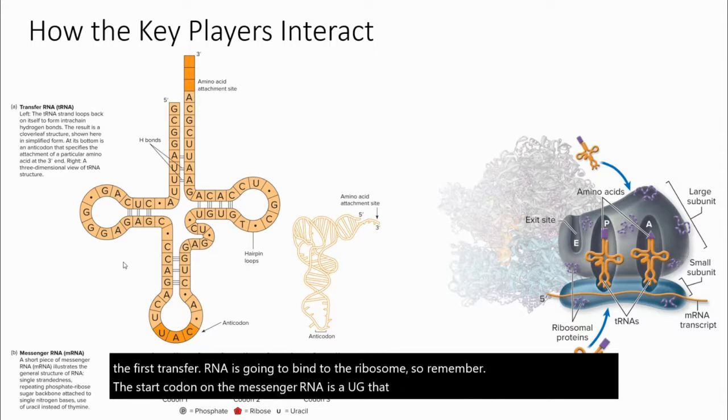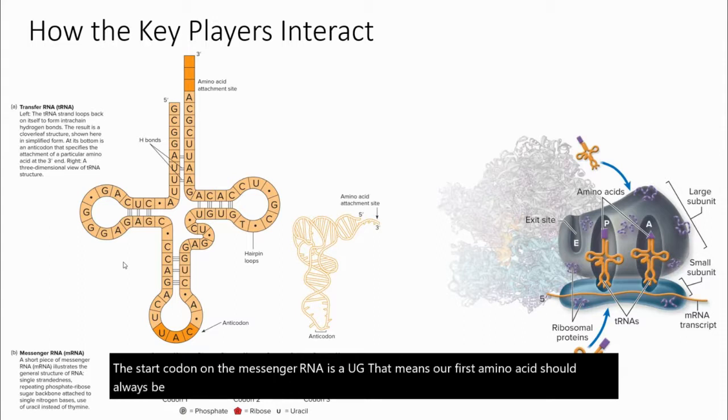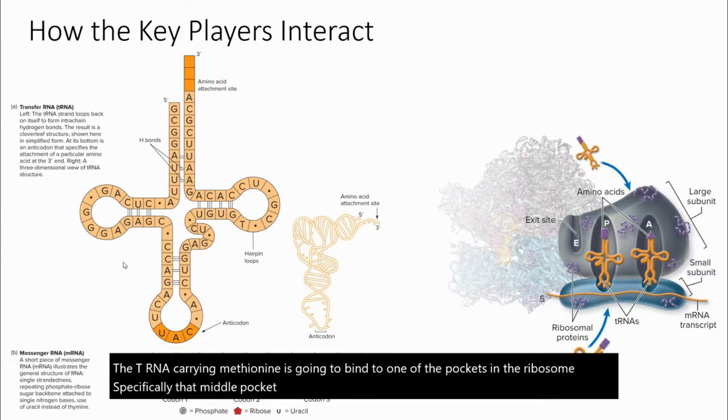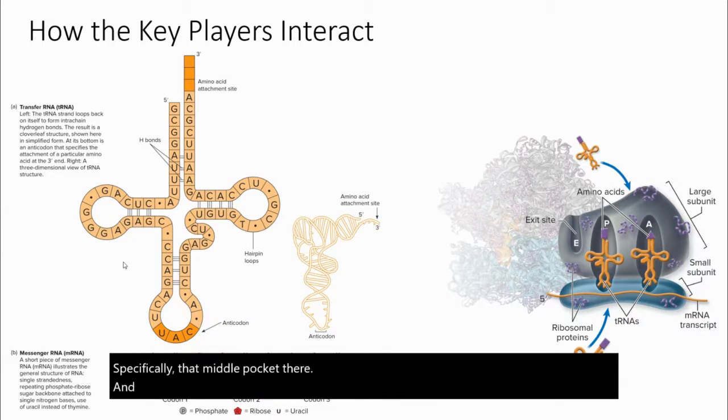That means our first amino acid should always be methionine because that's what AUG codes for. So the tRNA carrying methionine is going to bind to one of the pockets in the ribosome, specifically that middle pocket there. And then what happens is the next amino acid that we need, its tRNA comes and drops it off in that A site, okay?